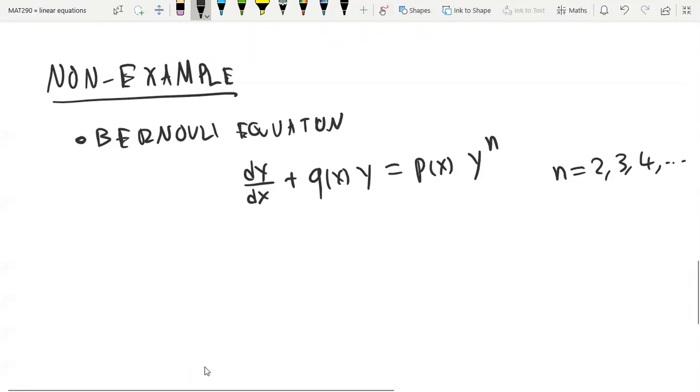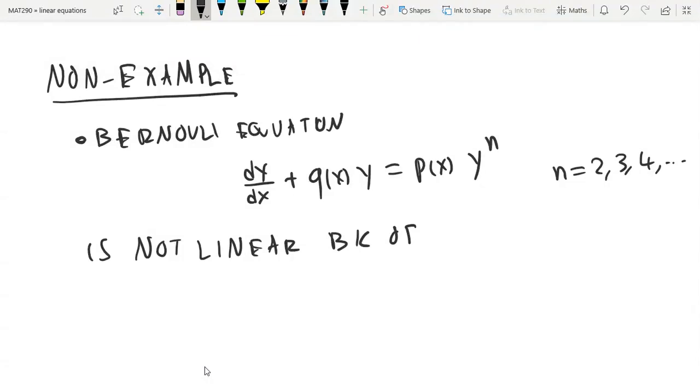So why do I mention this? This equation is not linear because of the y to the n, but it can be turned into linear.